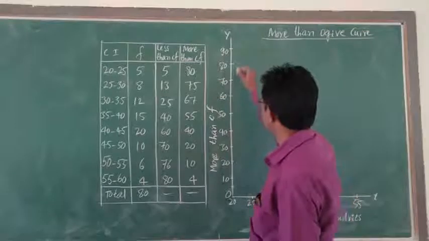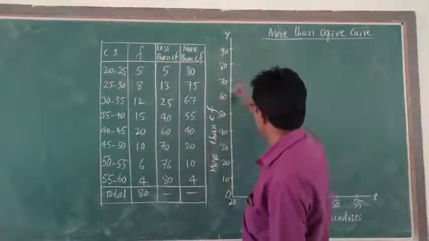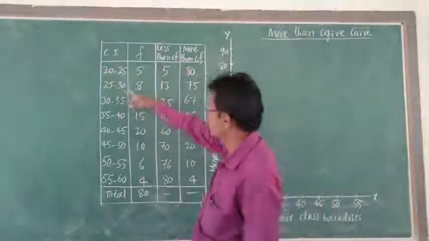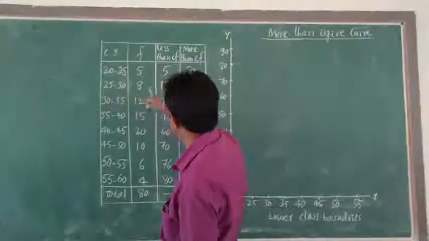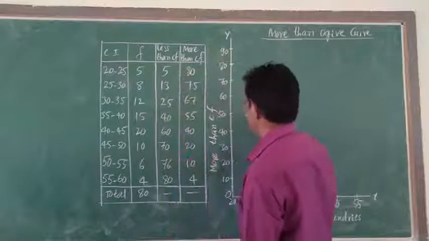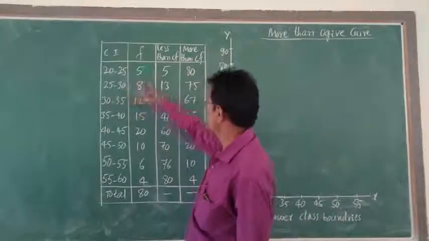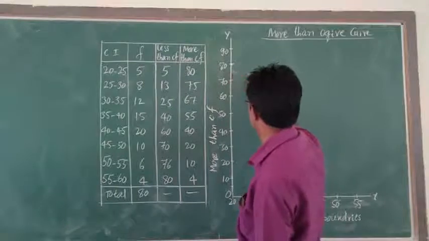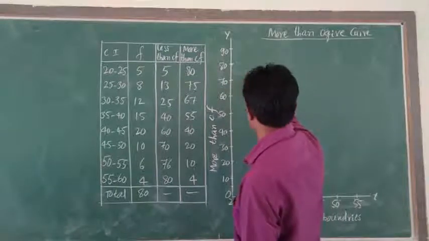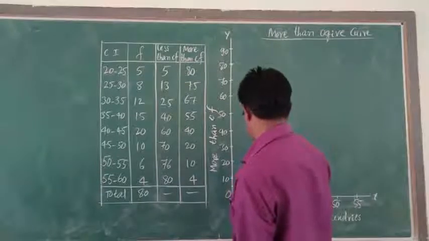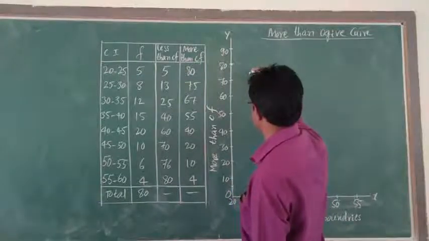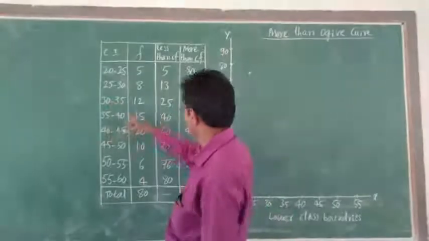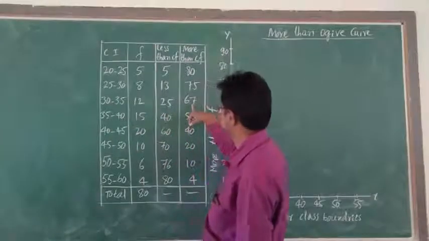Next, more than 25, there are 75 workers. In between 70 and 80, it is 75. So mark the points for all the lower class boundary with more than CF.